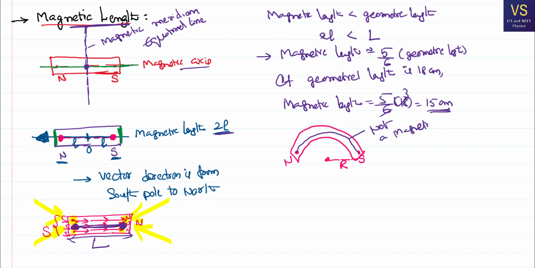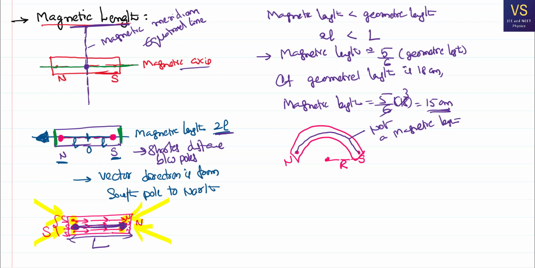Because if you remember the definition of magnetic length, it is the shortest distance between two poles along the axis.